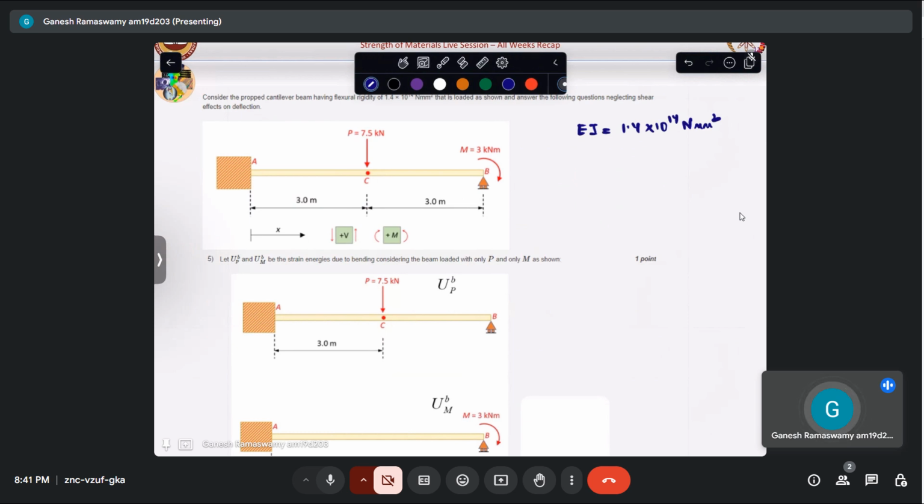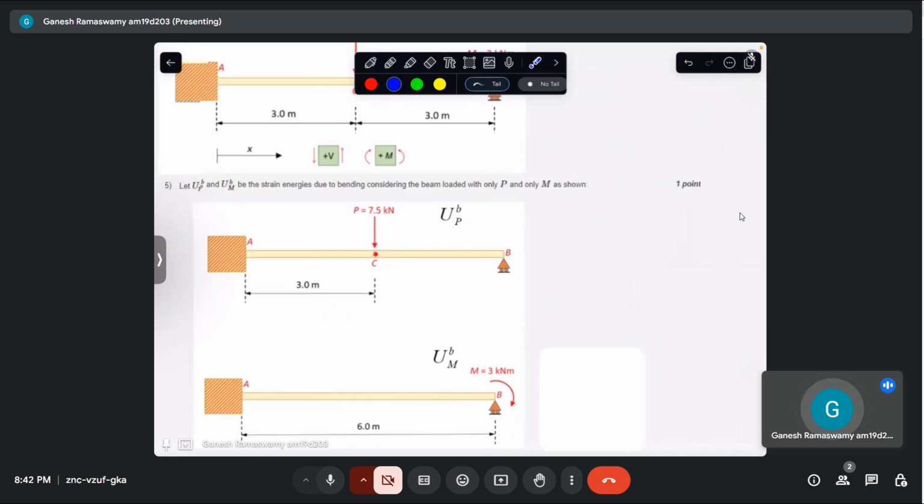So what is it that we have here? We basically have a propped cantilever beam which is fixed at that end, and a prop, so to speak, a roller is put at B. It has a concentrated load P at the midpoint C, and it has a couple that is applied at the propped end.